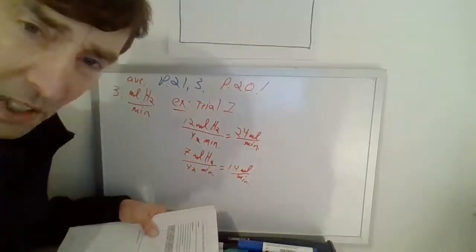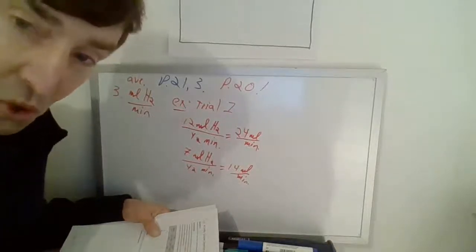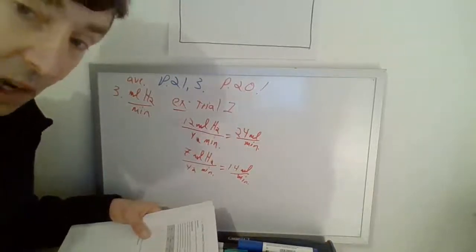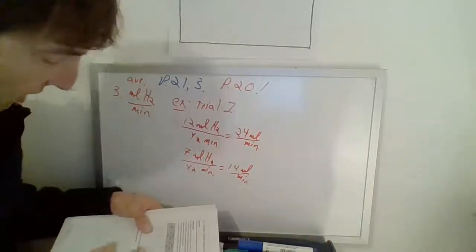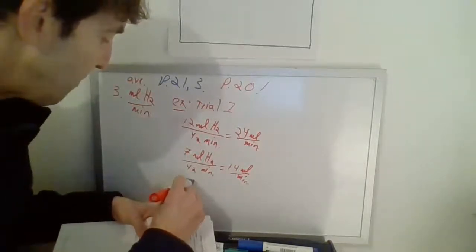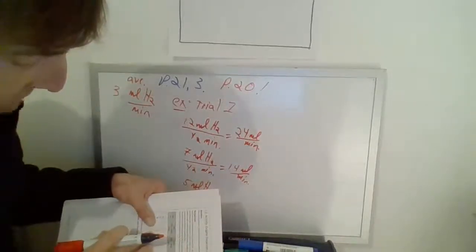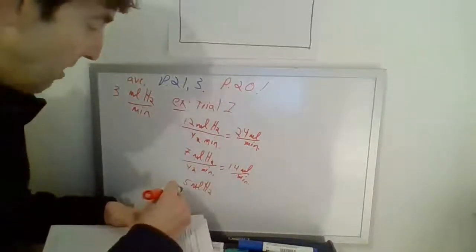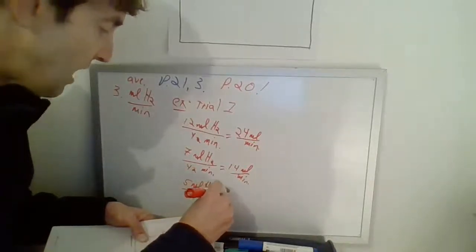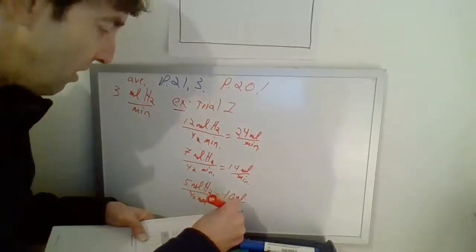My other class folks, are you getting the same answers that I got so far for your trial one? I hope so, because I hope I'm doing it correctly. Then for the next one, we got only 5 milliliters H2 going to 90 seconds, so another half minute has gone by. So now I've got 10 milliliters per minute. Look at that, my rate keeps going down. Crazy, huh?